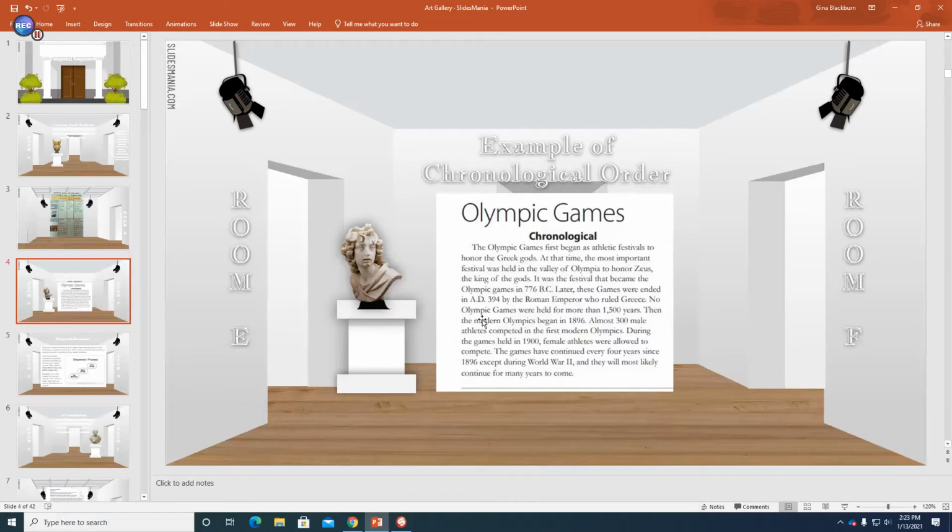Then it says that no Olympic Games were held for more than 1,500 years. So that time has passed. And then it says that the Olympics began again in 1896. We have 1900, we have 1896 again, then World War II. So here are dates and times. This is in chronological order, or the order of events that they happened. So that's how we can identify the text structure here.